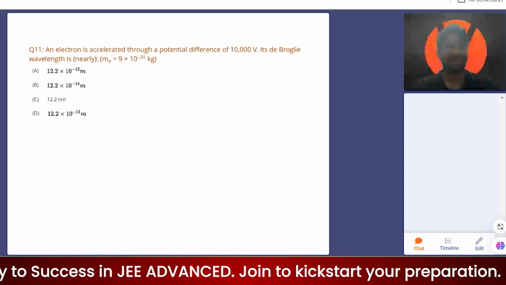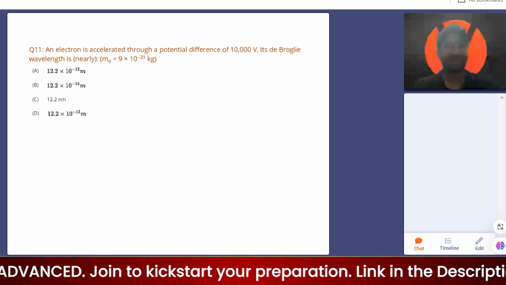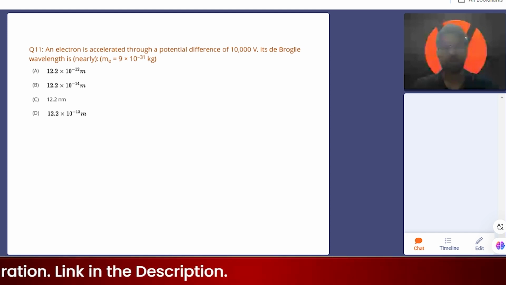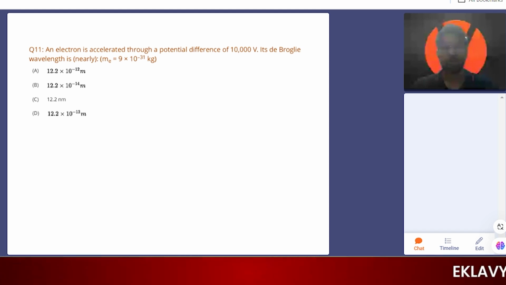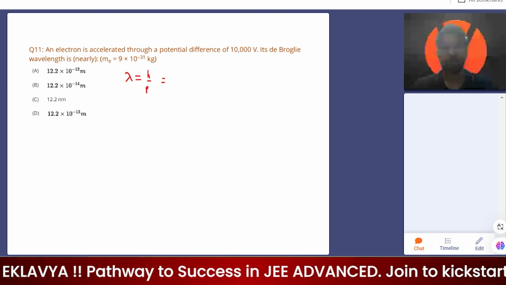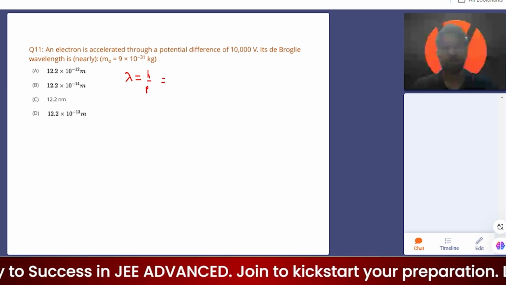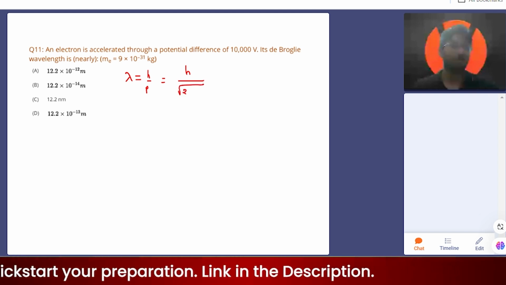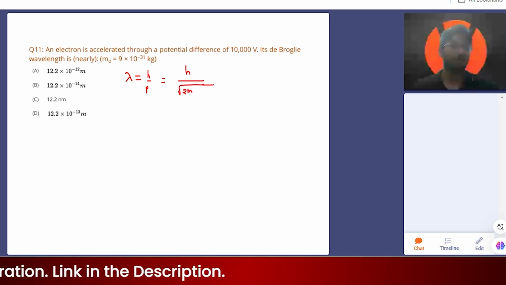Next question. Question 11. An electron is accelerated through a potential difference of 10,000 volts. Its de Broglie wavelength is nearly. So for this, we know that the de Broglie wavelength can be represented as h by p. And this momentum, we can again write as square root of 2 times mass into kinetic energy.